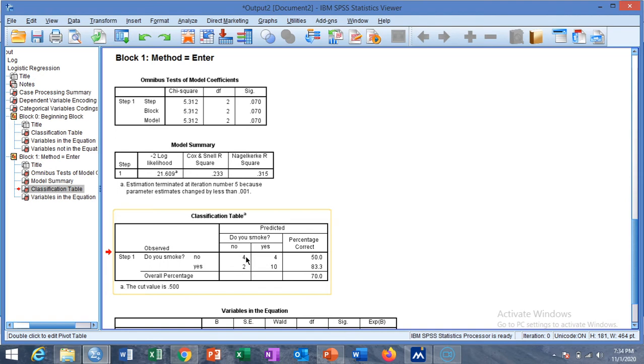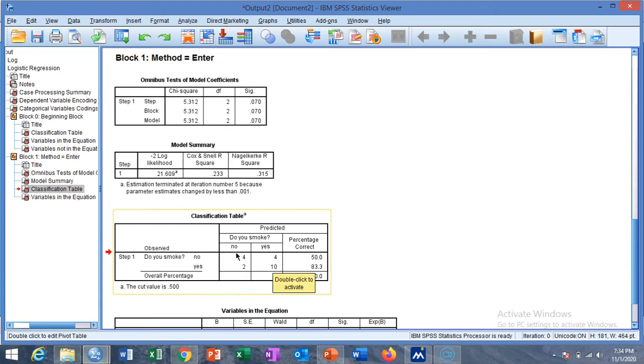This is sensitivity. Basically the yes option should be here, as we are interested in smoking. Then the number of smokers should be here, but as we gave the values to the yes and no responses in our model, here the classification starts from no and then yes.